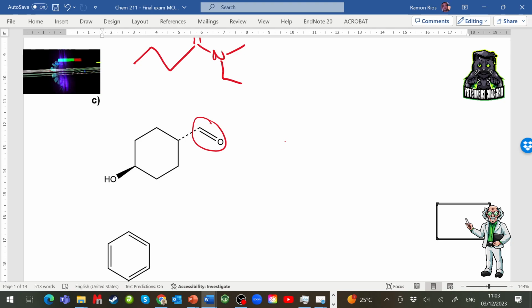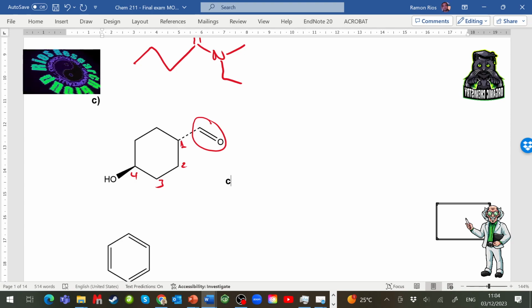Remember that because the aldehyde is the main functional group, we will start counting from here. That means that the hydroxy group is number 4, and the cycle is a cyclohexane.